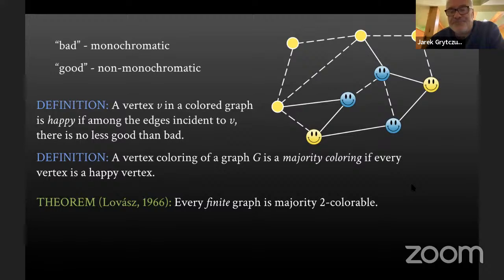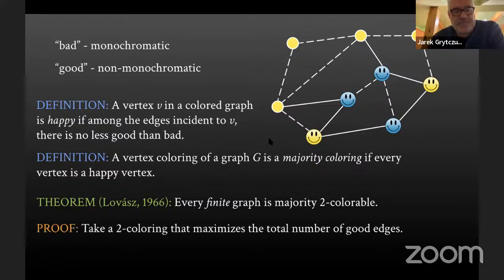How to do it? Let me show you the simple argument for that. The argument goes as follows. If we have some unhappy vertex, like here in this example, we can just switch its color to the other color. We have 2 colors, so we can switch the color of an unhappy vertex to the other color. And let's see what happens.